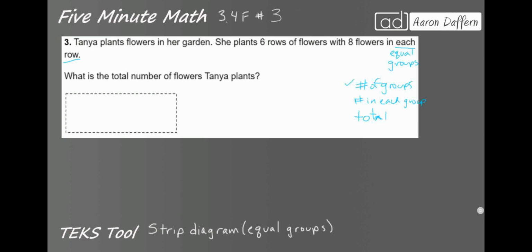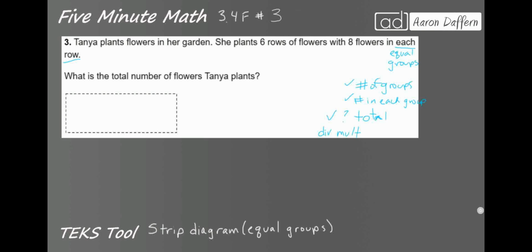So let's say they give us the number of groups and the number in each group. If we're looking for the total, that means it's a multiplication problem. If they give us the total and then we're missing either the number of groups or the number in each group, that's going to be a division problem. So we can tell what type of problem it is simply by looking at the total.